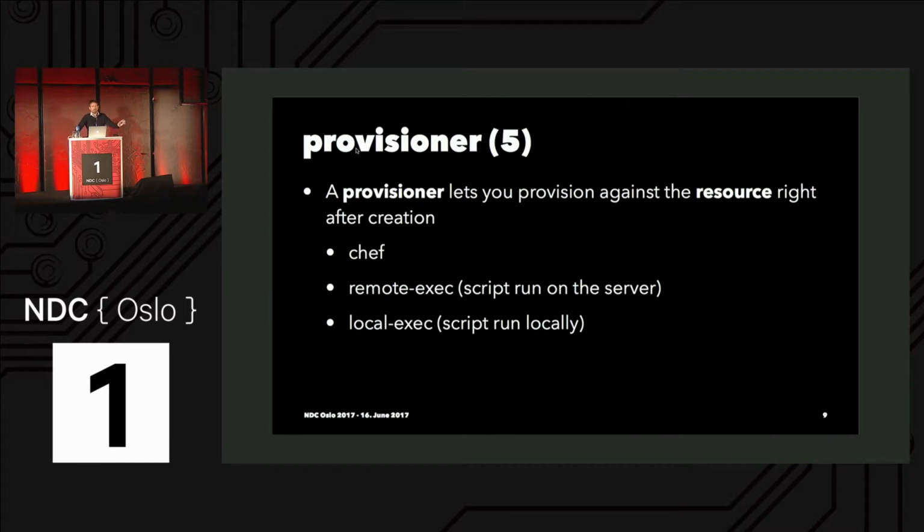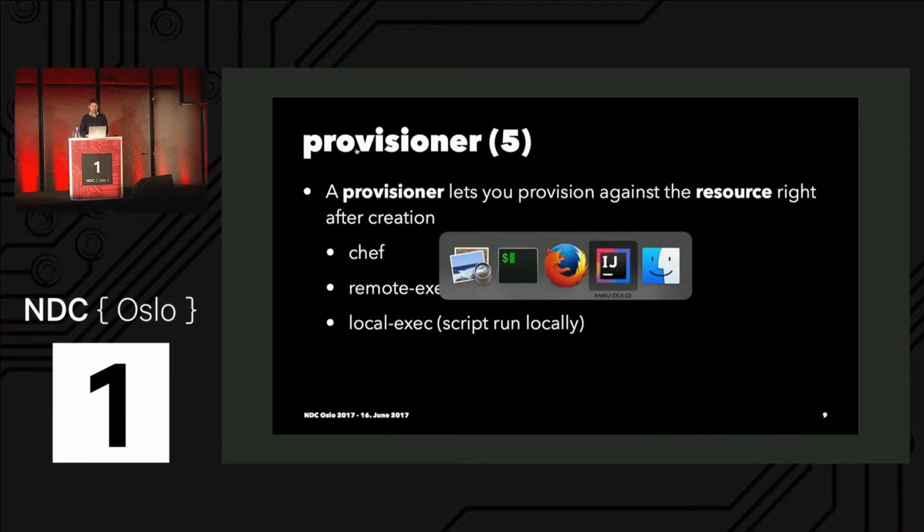But you can also use the remote exec provisioner to run, let's say, a bash script on the remote machines right after creation. Or you can have Terraform execute a script that you run on your local machine. So you could kick off, let's say, Ansible. Okay, so let's have a look at some code.